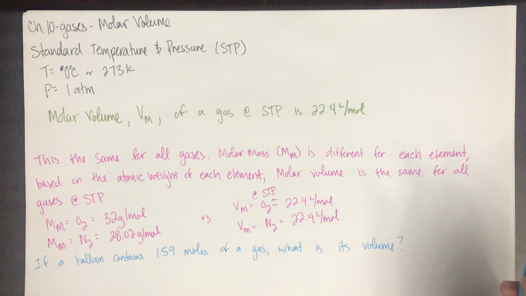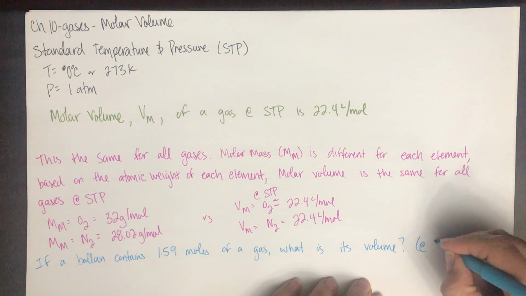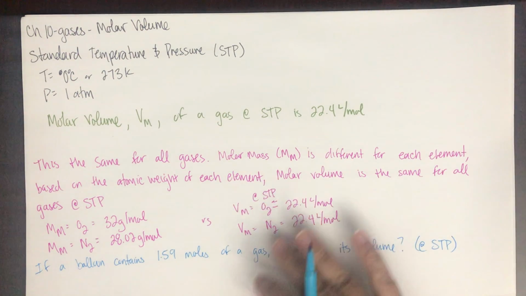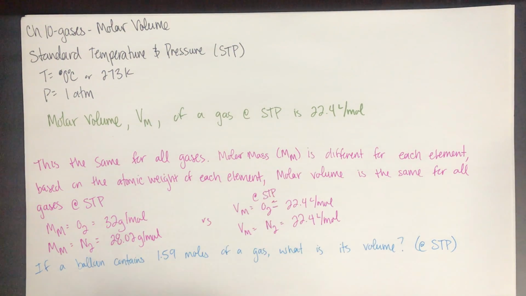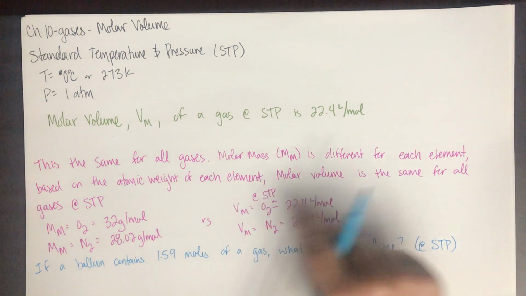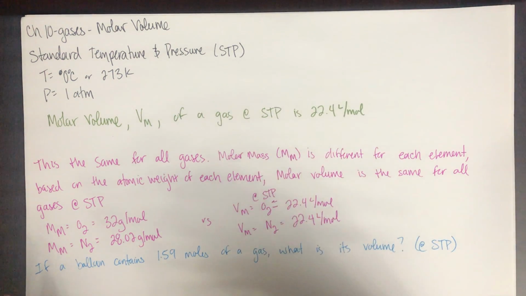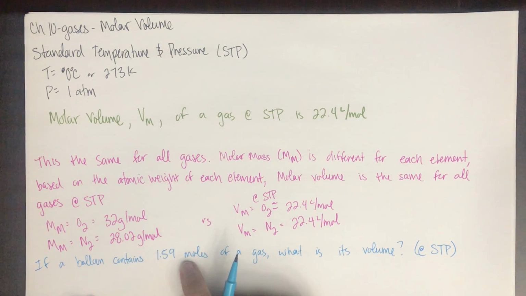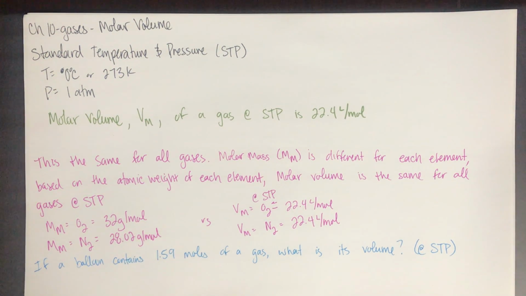At standard temperature and pressure. This molar volume is only true at standard temperature and pressure. Volume will be different if the temperature or the pressure is changing. So at standard temperature and pressure, if a balloon contains 1.59 moles of gas, what is its volume?